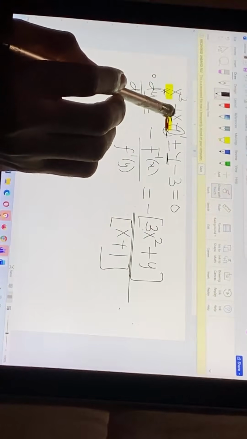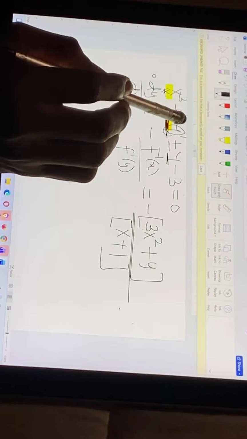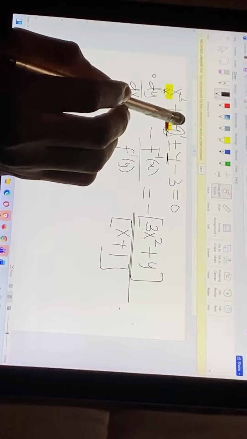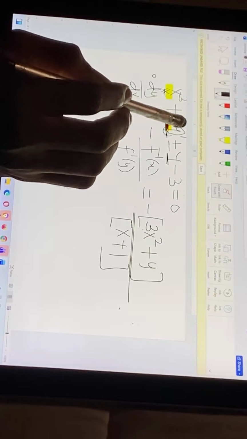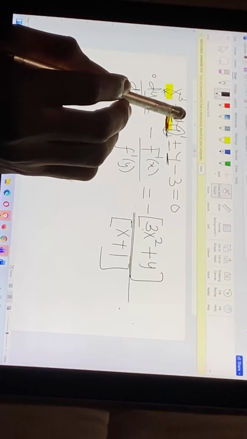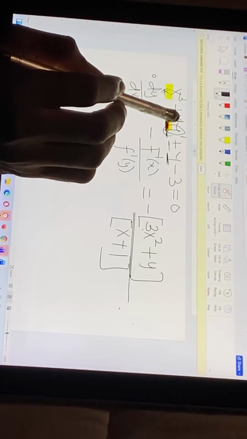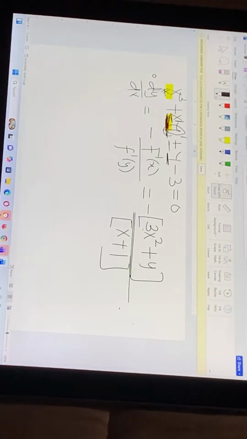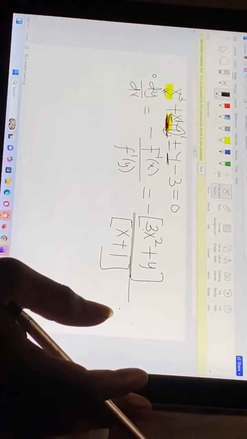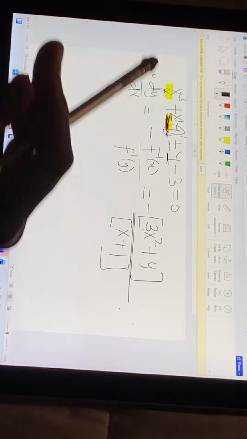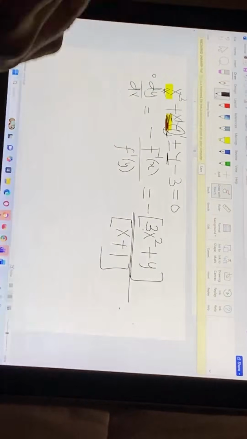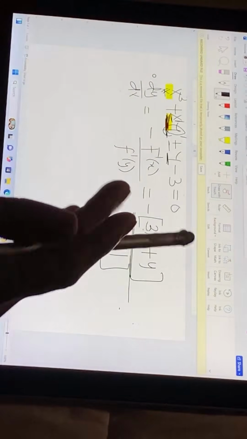This is the one we are targeting. If you are differentiating s, there's an invisible 1 here. Differentiate this s, take the power down to the base, and subtract 1 from it, it will be 1 times s. Whenever you have differentiation, subtract 1 from it, you have the result.